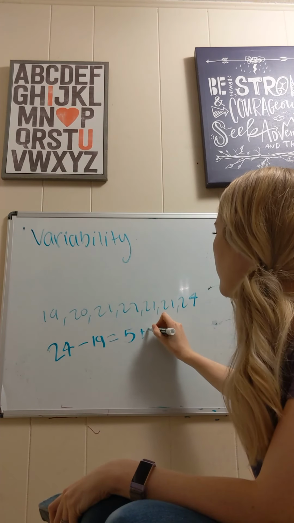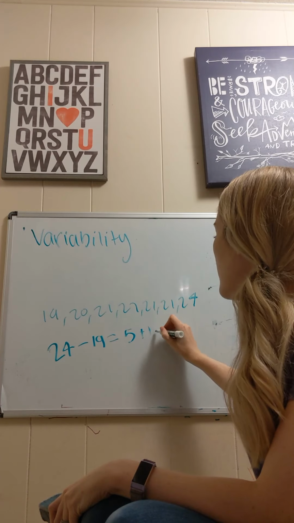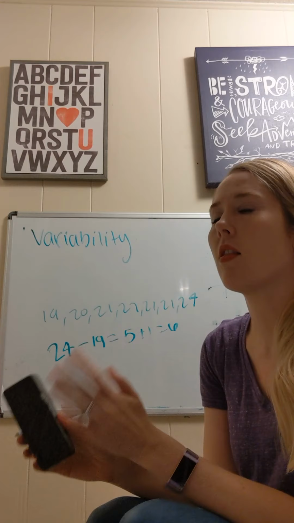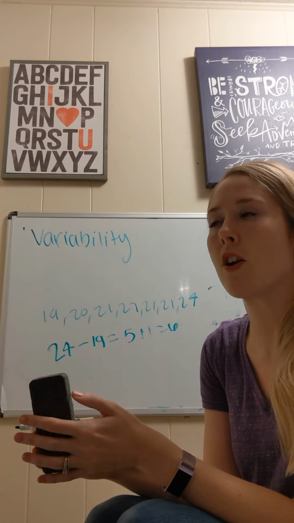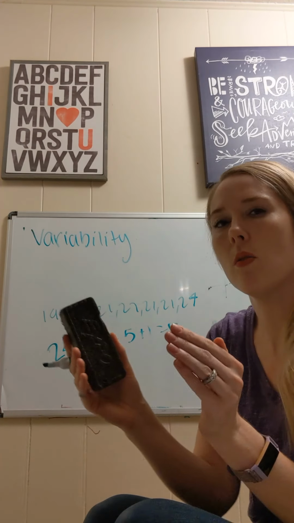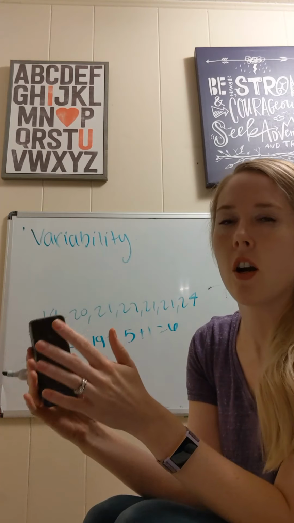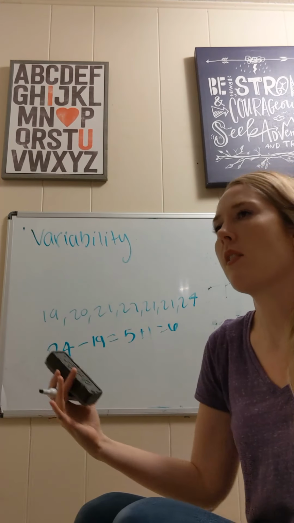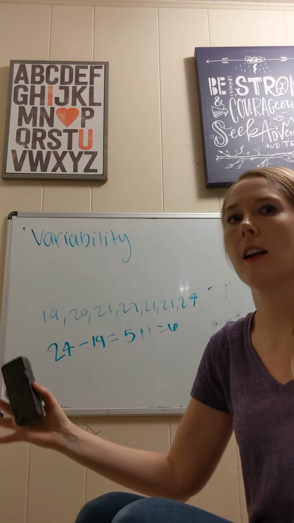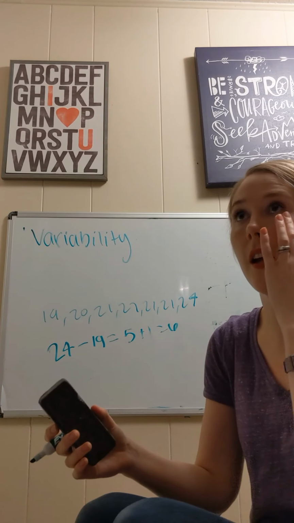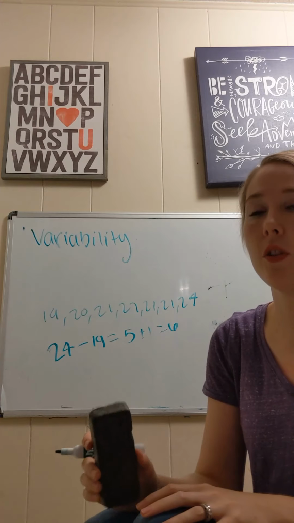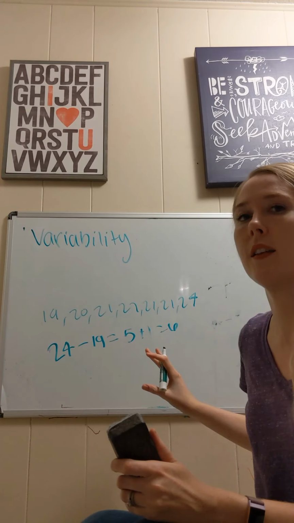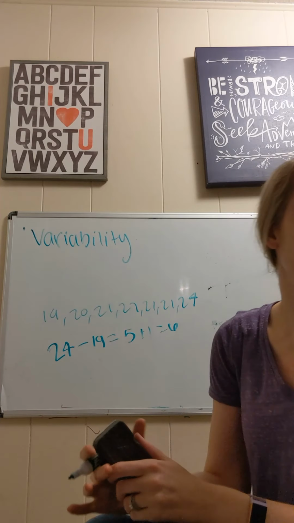Then you add 1, which would be 6. So now we have 6 attributes. 6 is a lot different than 30, and it gives a better idea of how similar the ages are in that classroom. Versus before, 30 would make me think that there's a very wide range and there's a lot of different types of ages in there. So that's one reason that you would use this if you have an outlier or a number that is very different than the rest of your numbers.